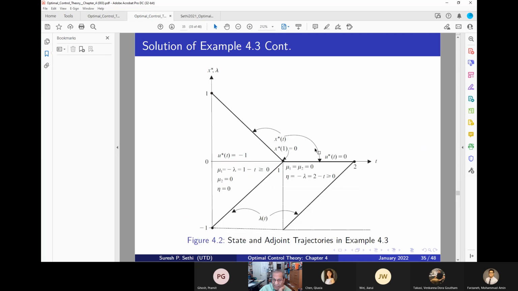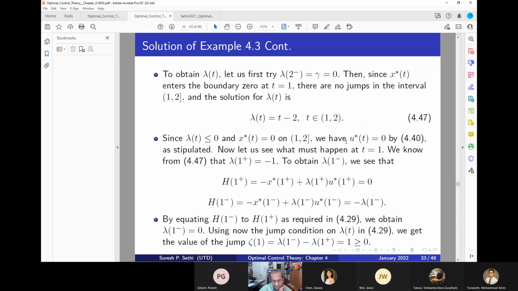So we know that u star t is equal to 0 all the way on this segment. Now let us see what must happen at t equal to 1. We know from 4.47, from this one, I can find out what is at 1 plus. So you put 1 here, you put 1 here, and 1 plus is minus 1. So lambda at 1 plus is minus 1.